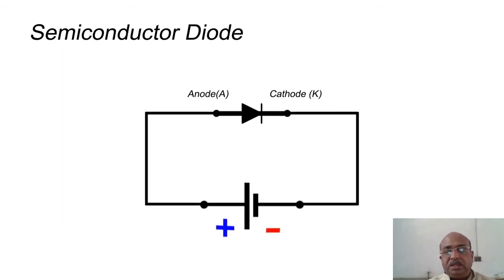If we connect this diode to a DC voltage source, then the current starts moving, and this current flows from plus to minus. But if we reverse the battery polarity, then the anode is connected to the minus part of the battery, while the cathode is connected to the positive terminal of the battery. In this fashion, current is not flowing because it offers a large resistance for the flow of current.